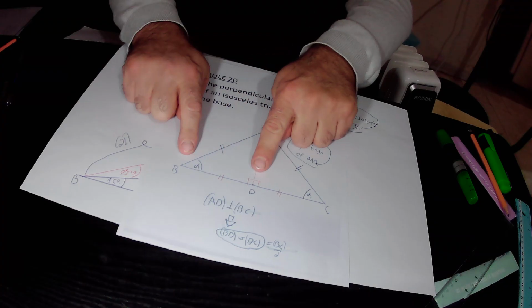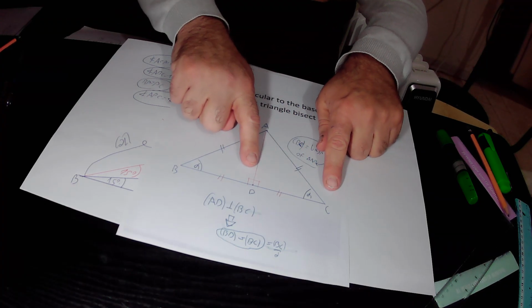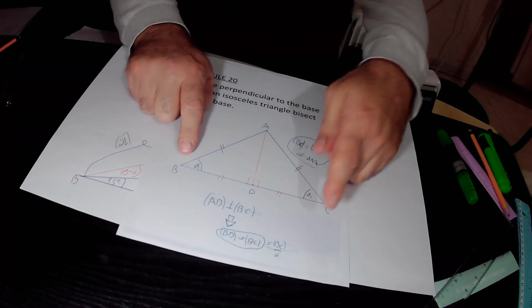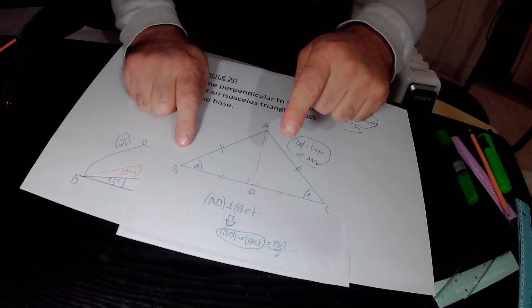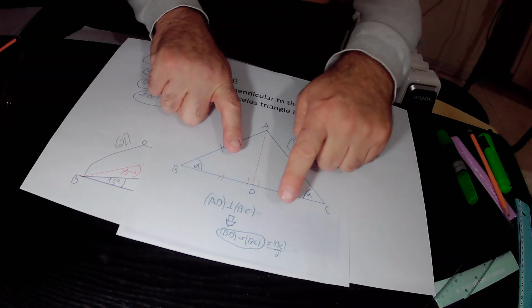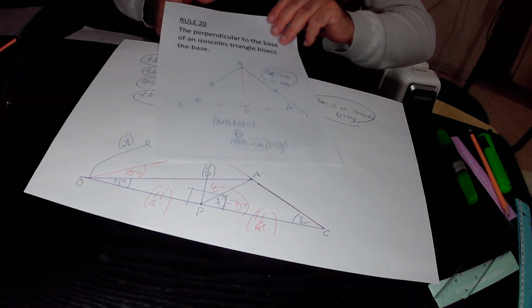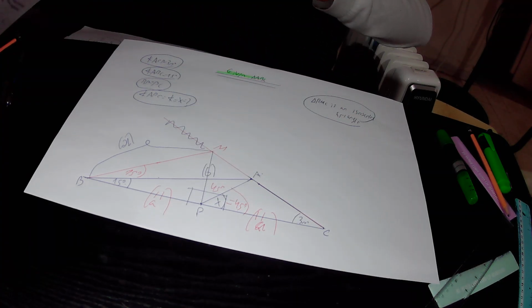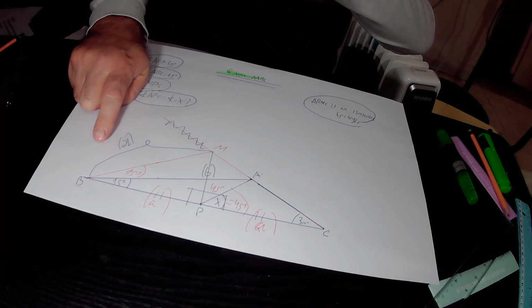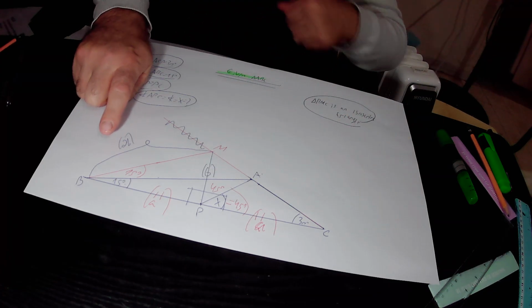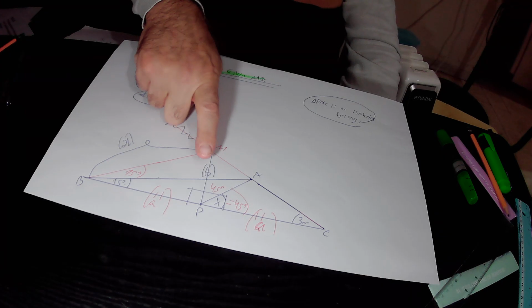The first half is BD, which is of course equal to the second half DC, and each of them is equal to BC over 2 because BC is bisected by the perpendicular AD. So BD equals DC equals BC over 2. We can actually implement rule 20 in our drawing. We have the associated triangle, triangle BMC. The base is BC, so the perpendicular from point M must touch the base BC at point P. Why?